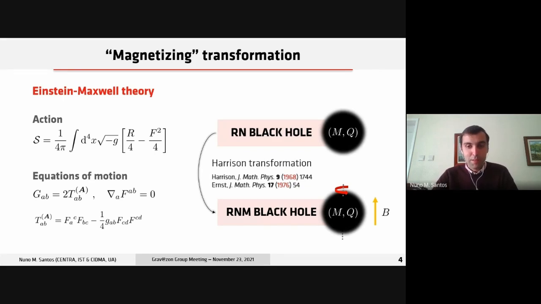This possibility was first realized by Harrison, and the transformation was applied by Ernst to the Schwarzschild, Reissner-Nordstrom, Kerr, and Kerr-Newman black holes. So you can embed all of these solutions in a magnetic field and obtain, using this transformation, an exact solution, which is convenient.